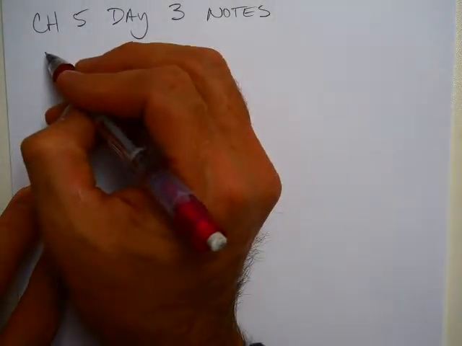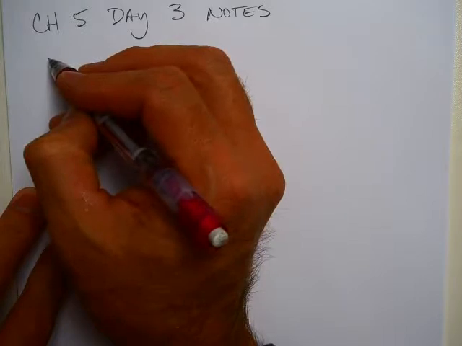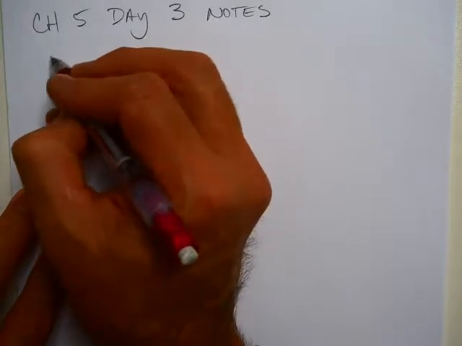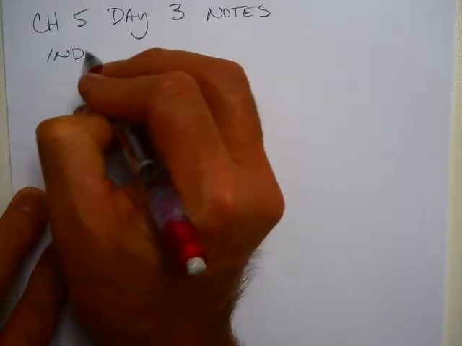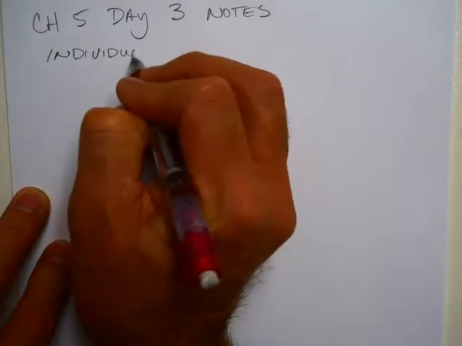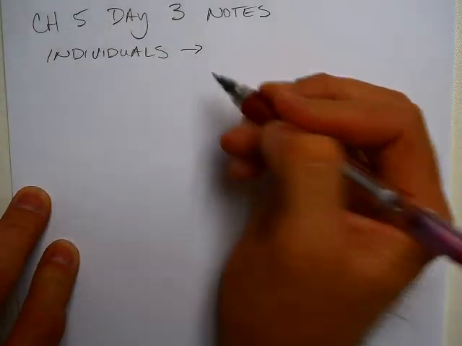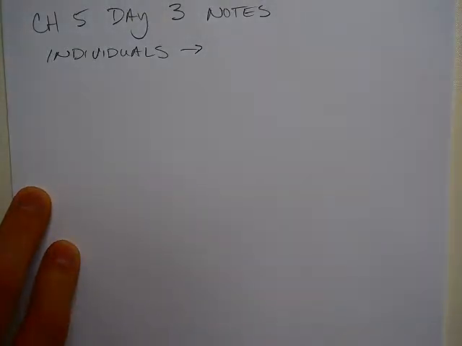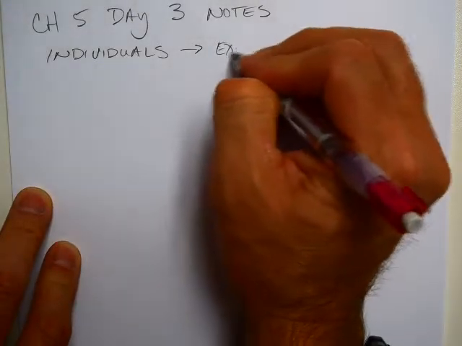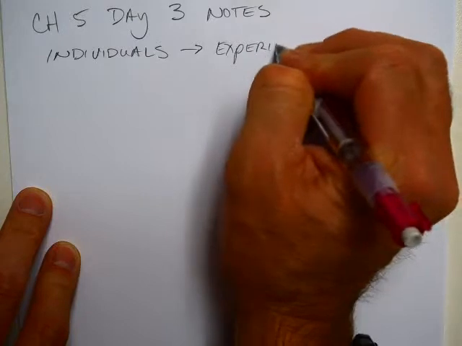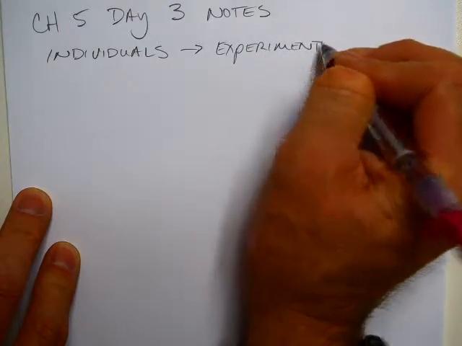Okay, so not nearly as long as day 1, but a little longer than day 2 as far as notes go. Individuals, also called experimental units.